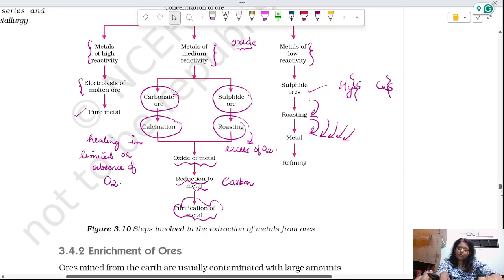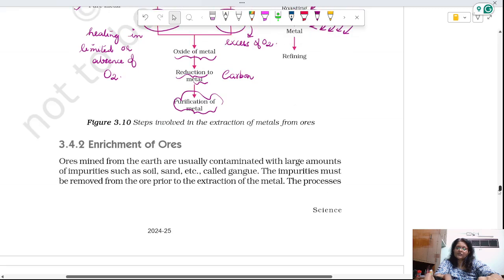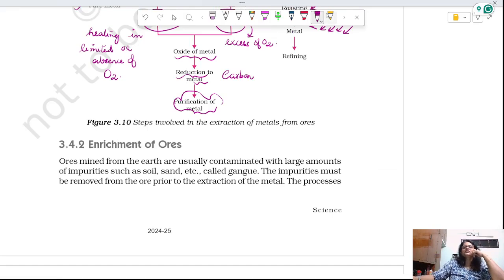We have already learned about enrichment of ore, and one thing I have to say is that there is a term called gangue, G-U-N-G-U-E. What is it? It is the impurity.